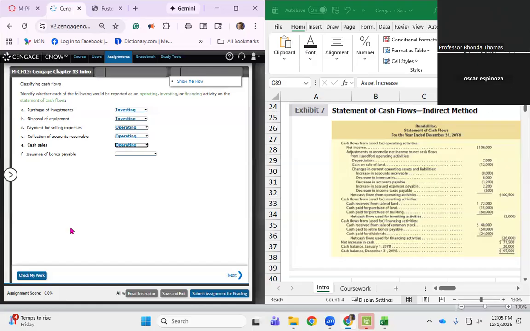And F, finally, if you're going to issue bonds payable, the word issue means to sell. When you offer bonds with your business, you are borrowing money. So cash is going to come in because you're selling those bonds. But that's going to go in the financing section, because financing is all about how are we going to come up with the money to run this business, or to keep it going, or to do capital projects, things like that.